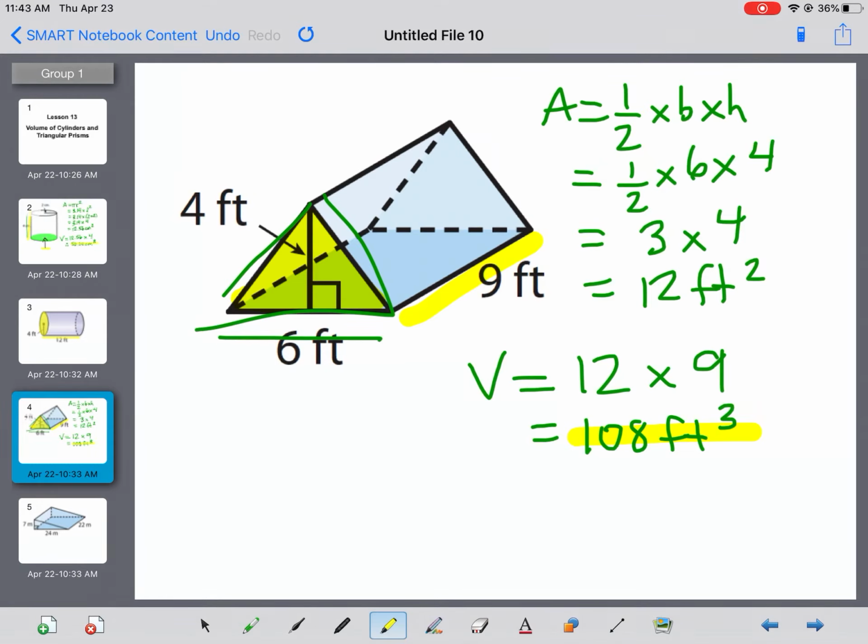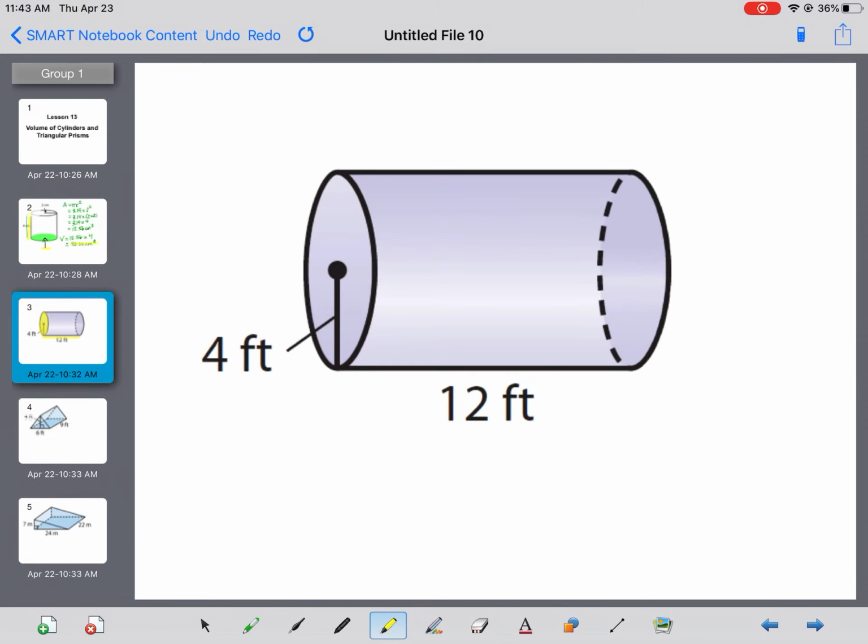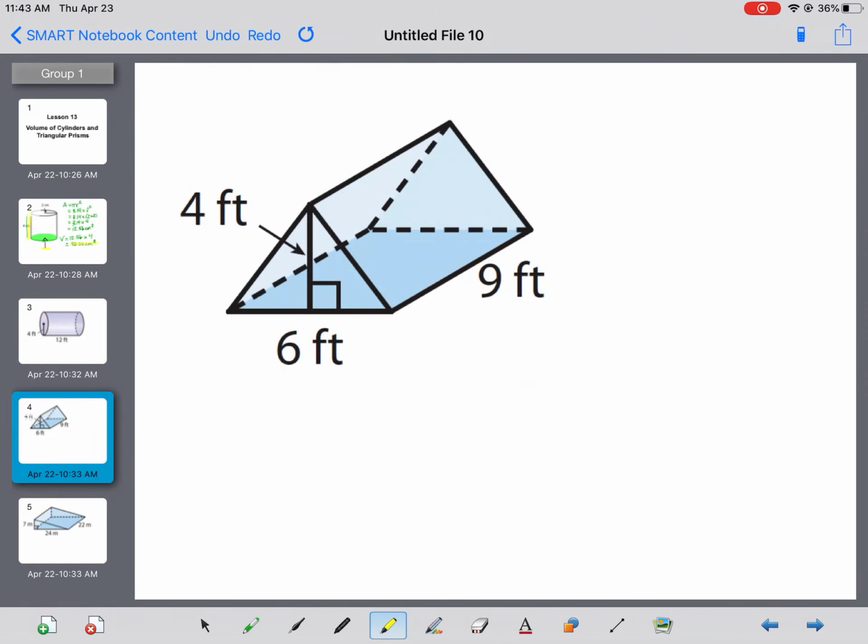Now what's really important to remember is to not just think that the bottom of the shape, whatever you can imagine resting on the bottom, is the base.